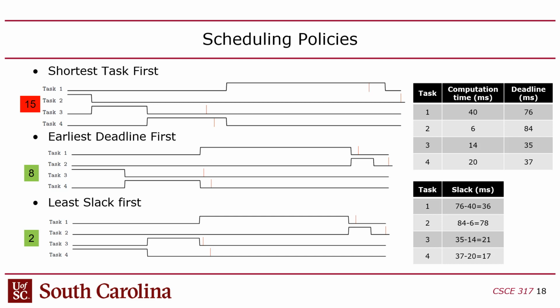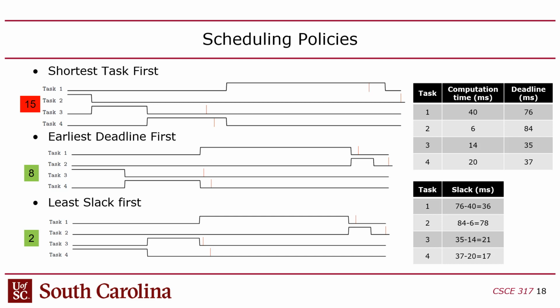And the least slack first is if you look at the deadline minus the computation time, which is the slack, the difference between the deadline and the execution time. If you run least slack first, that gives you 4, 3, 1, and 2, which was another one that worked out.